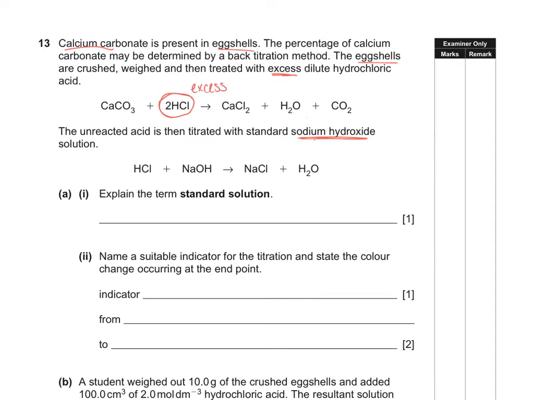But then it is actually the unreacted acid that I titrate against sodium hydroxide. So if I want to work out how much did react in the first place, I can calculate that at the end by working reacted equals the initial acid added minus the unreacted, which we work out from our titration with sodium hydroxide. But we'll get onto that in our calculation later.